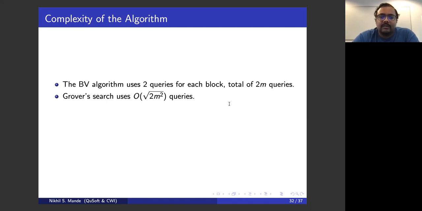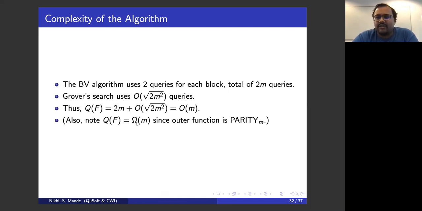Grover search is an equality check over 2 m² bit strings. This 2 is not really necessary here, but it's order of square root of m². So the total quantum query complexity is just order of m. And since the outer function is a parity, you can also argue that the query complexity of this function is omega m.